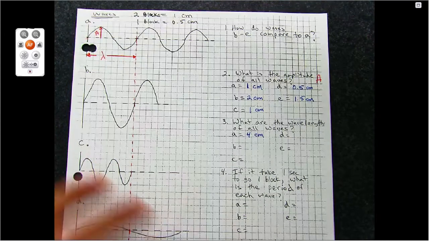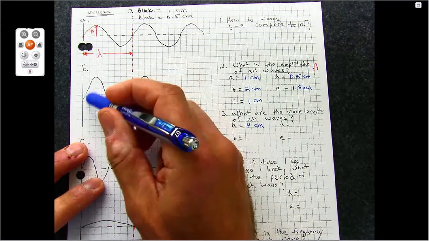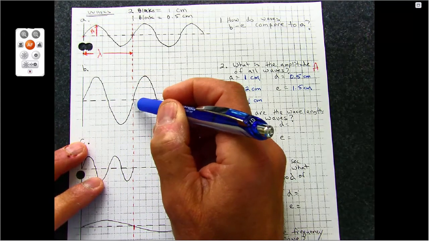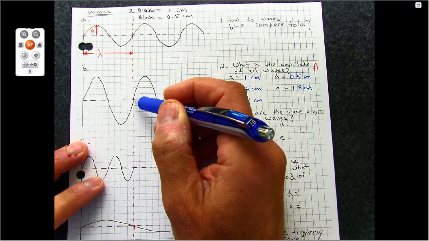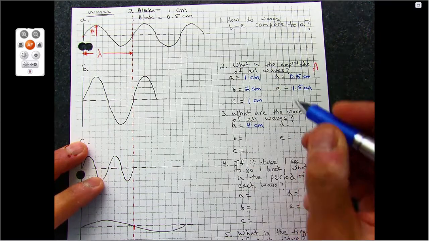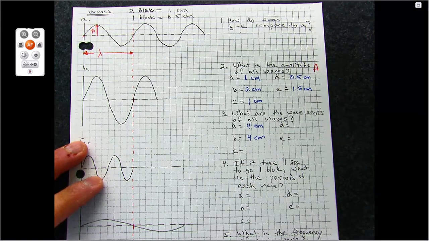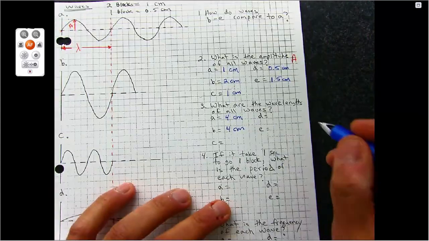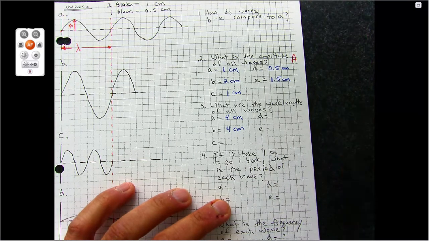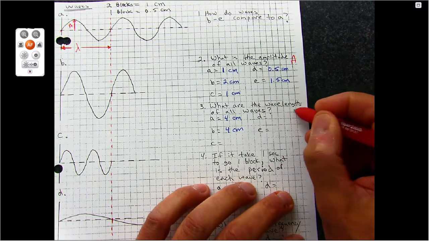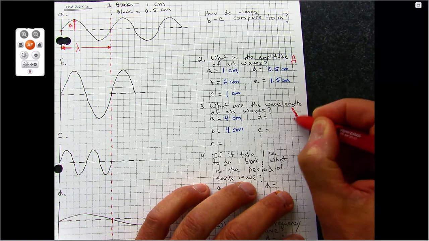And you can actually see in the drawing that I did, the wavelength in B is the same, isn't it? Okay, so we know the wavelength of B is 4 centimeters. And I'll just put the symbol for wavelength in here like this.